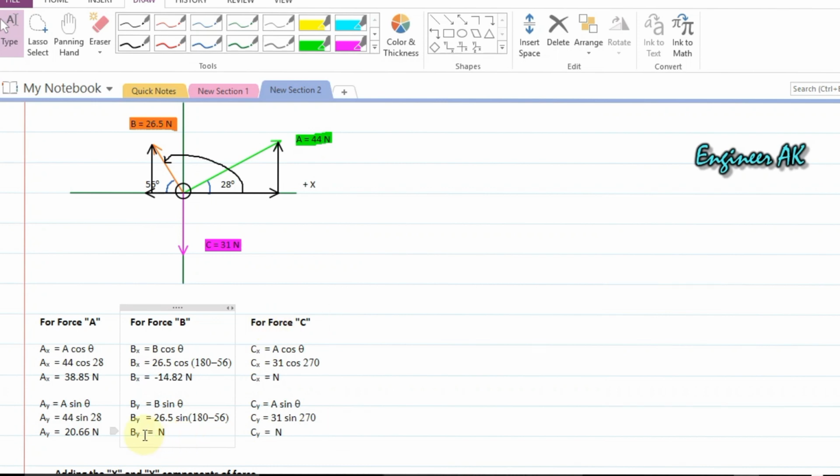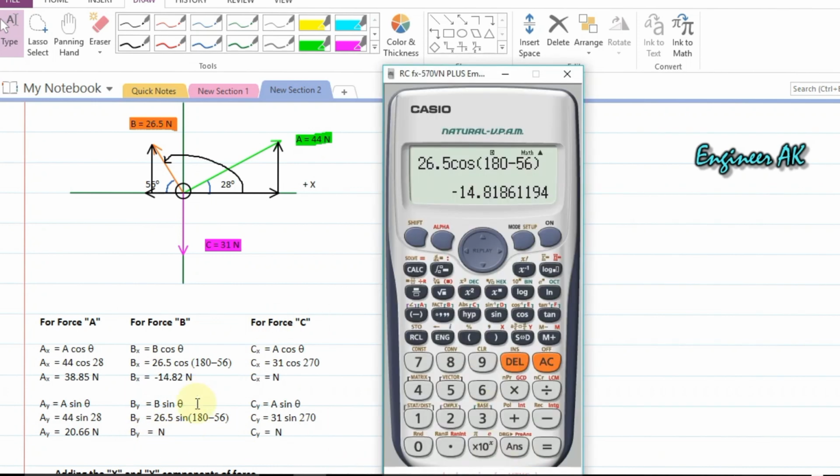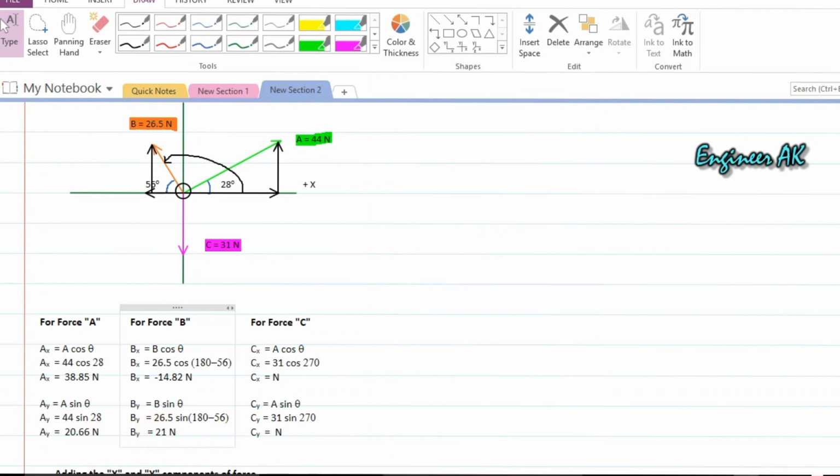And for the y component I just have to change it: 26.5 sine of 180 minus 56, so 21.97. So we have found these.